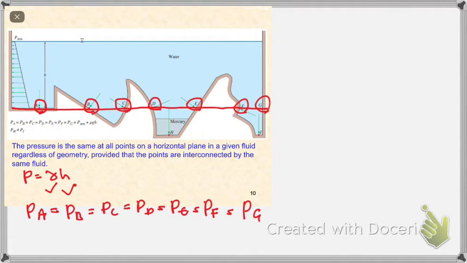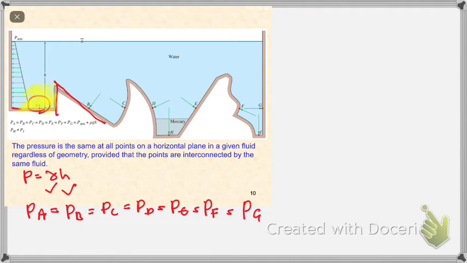As you can see from the diagram, even though PA is separated from B by an obstacle, it's still having the same pressure as long as it's in the same connected liquid and on the same horizontal level.